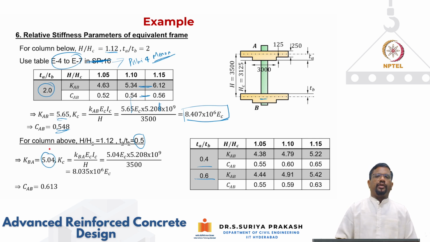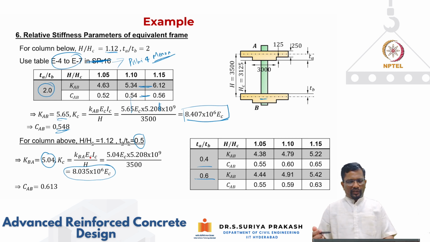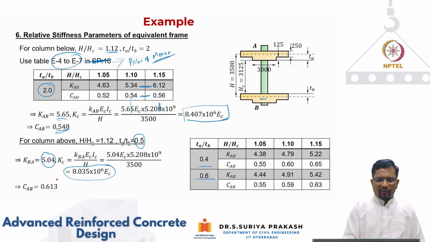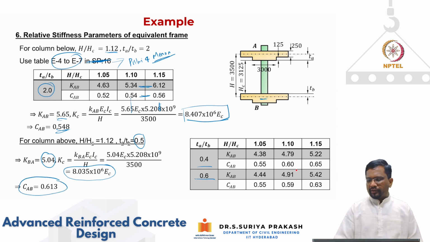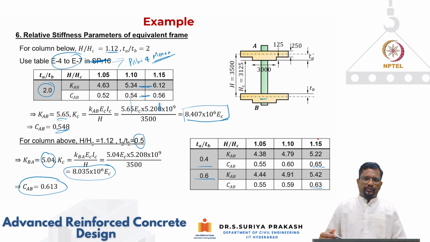When you substitute all the values, you get the Kc factor as 8.035 into 10 to the power 6. They are nearly the same because they are square columns, dimensions are not changing much, and the carryover factor is 0.61. Okay, so you see here, the carryover factor varies from here to here, 0.6. You have to do double interpolation. When you do that, you get a value of 0.61.